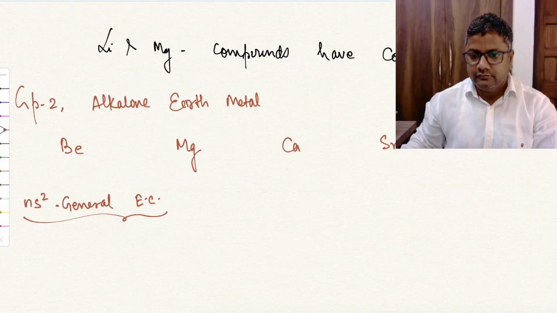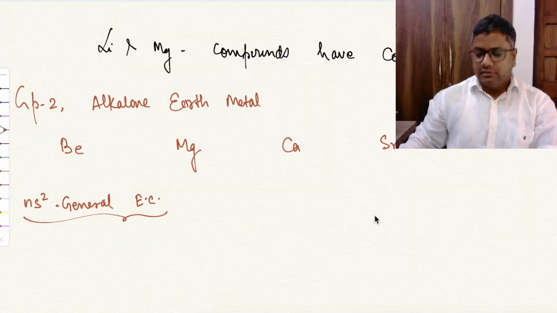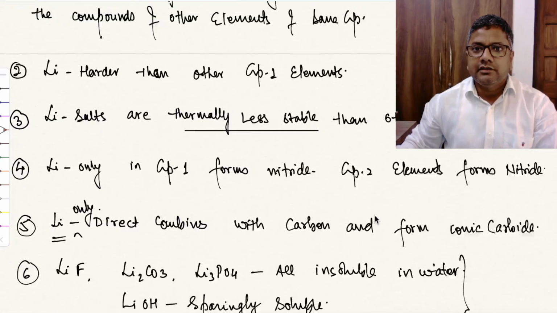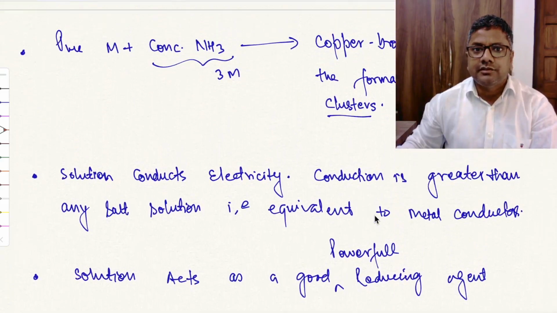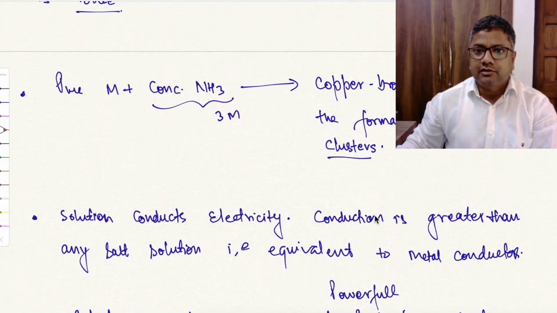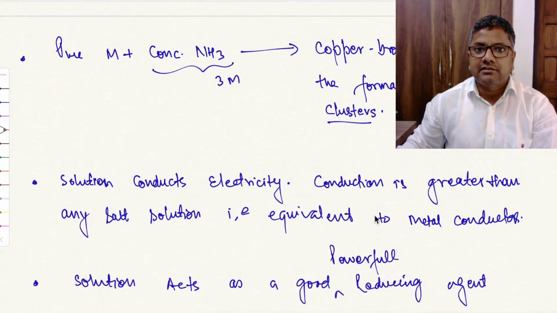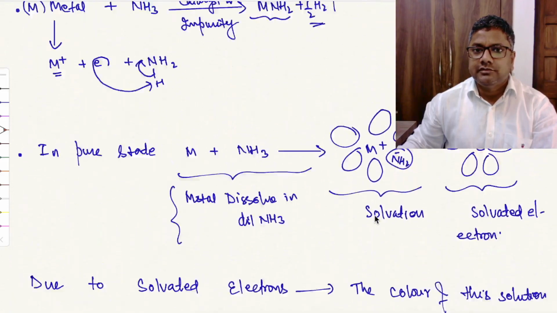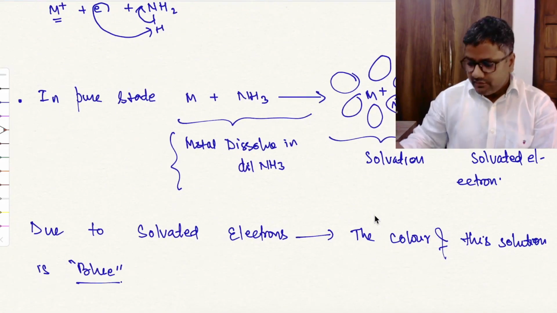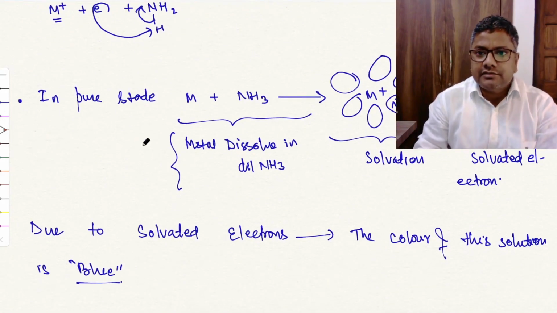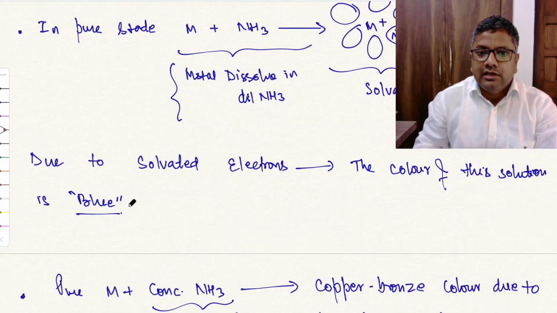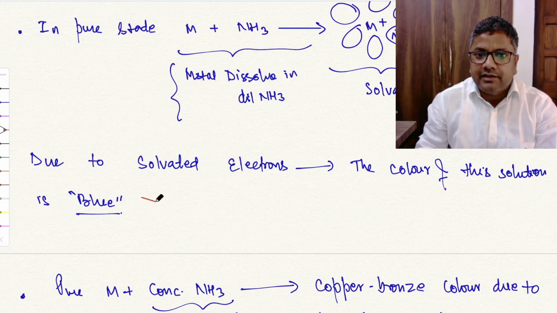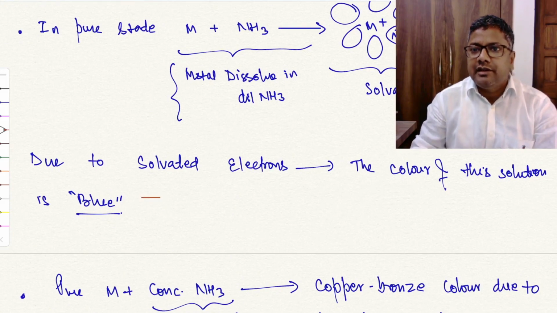Okay. So in this case I have missed one important property: the solvated electron color is blue, and this solution is paramagnetic, basically, because an unpaired electron is there.